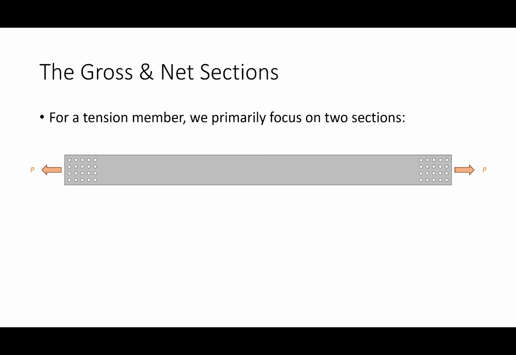Okay, so what we're going to do is focus on two sections. And when I say sections, remember, I've got the samurai sword, or lightsaber if I'm a sci-fi fan, and I'm going to cut a section through a member and investigate the stresses, or what's going on around that section cut. I'm going to do the same thing here, but I'm going to pick very specific sections, and I'm going to term those the gross section and the net section.